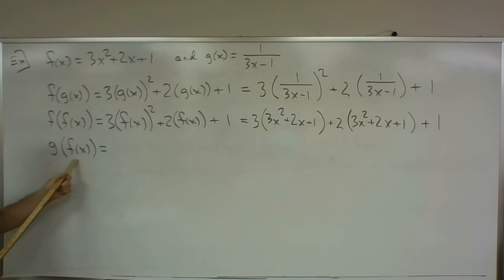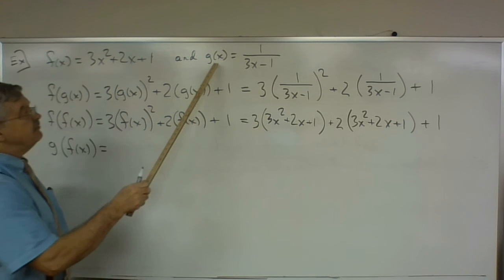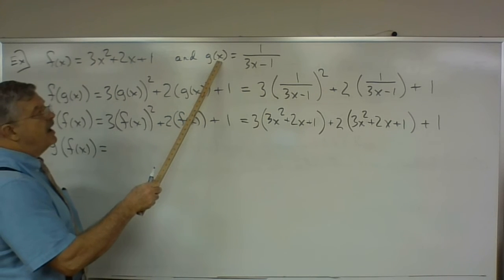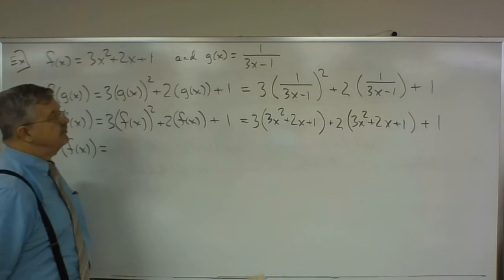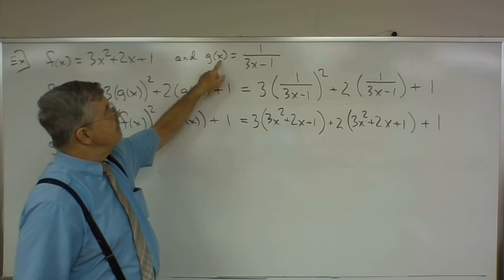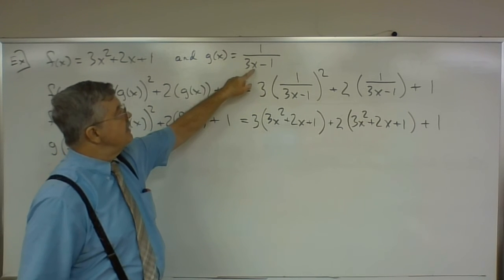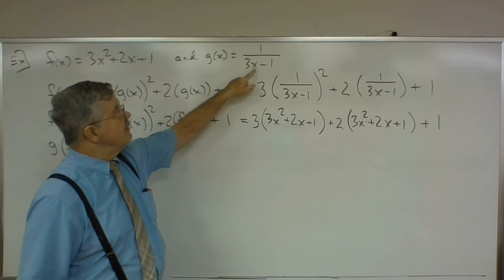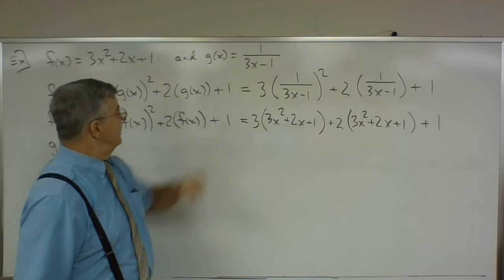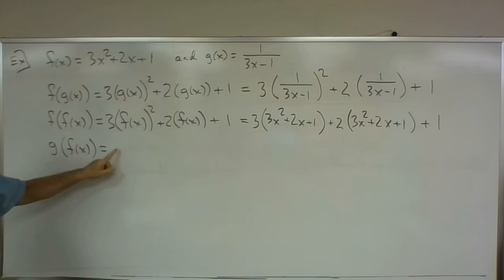So down here where we have g evaluated at f of x, f of x is playing the role that x plays up here in our model or our definition of g of x. So every place we see an x up here in our model or our definition of g of x, we're going to put f of x down here.